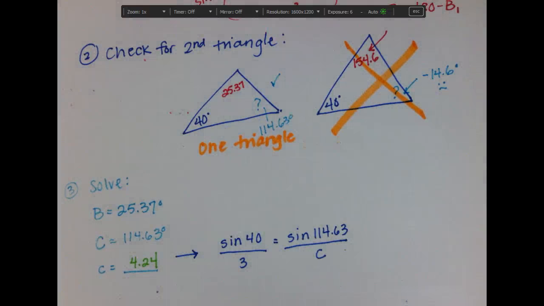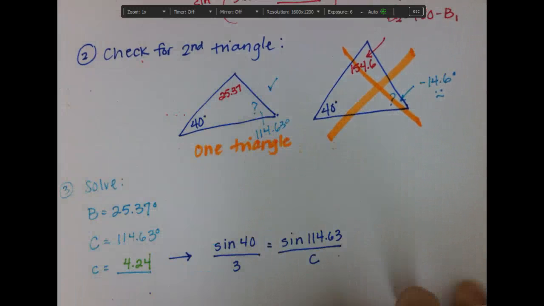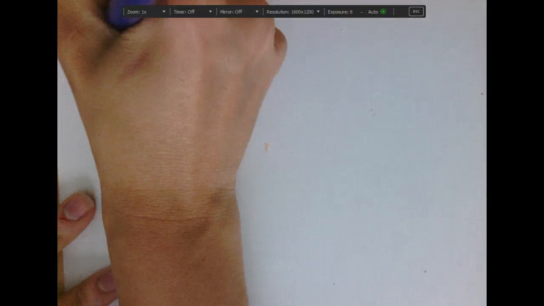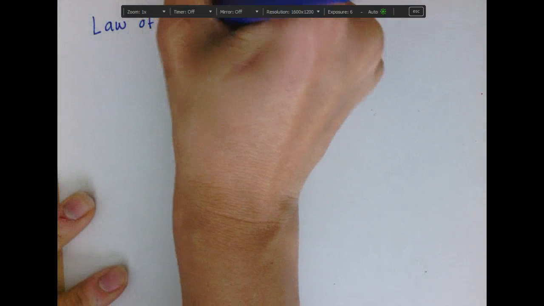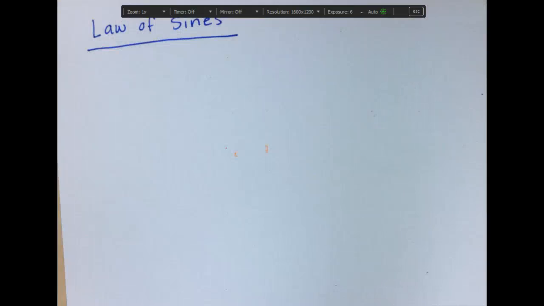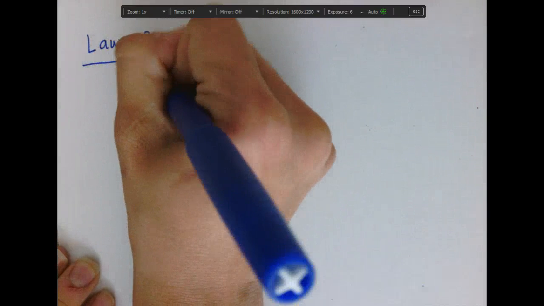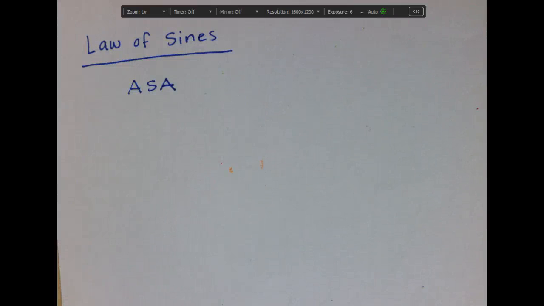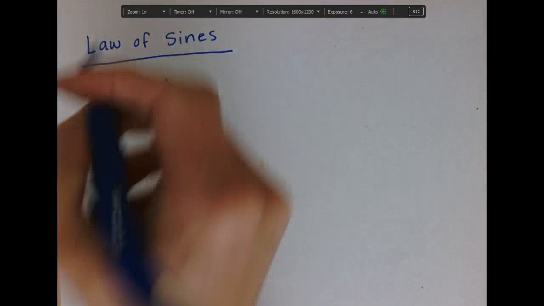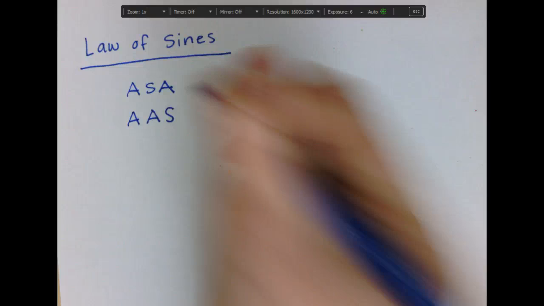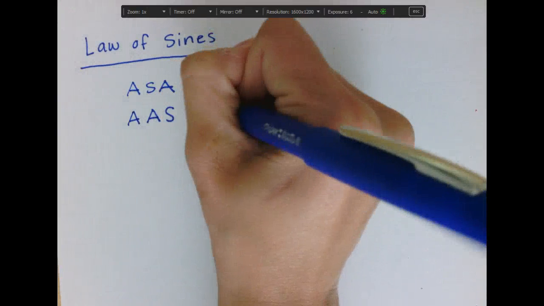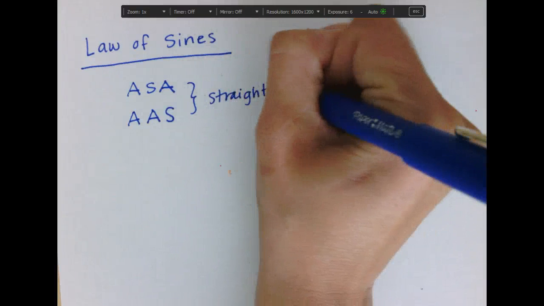All right, so we've looked at all of the possible cases. Let's just do a quick review of what we have. For the law of sines, we have triangles ASA and AAS. These are just straightforward law of sines.